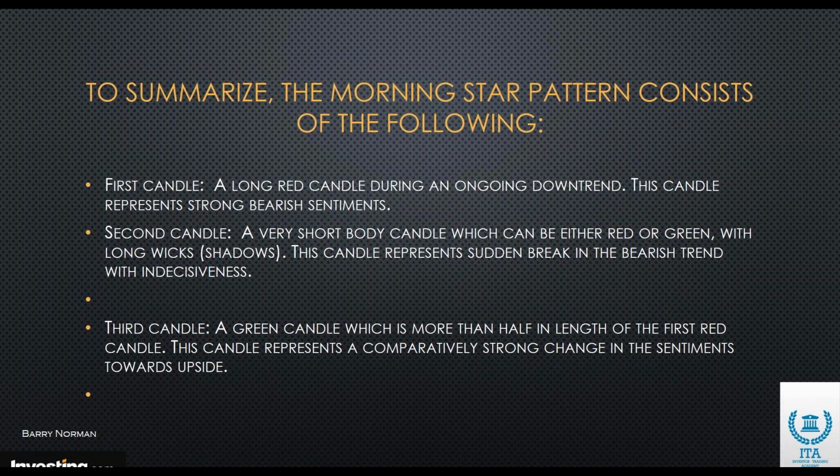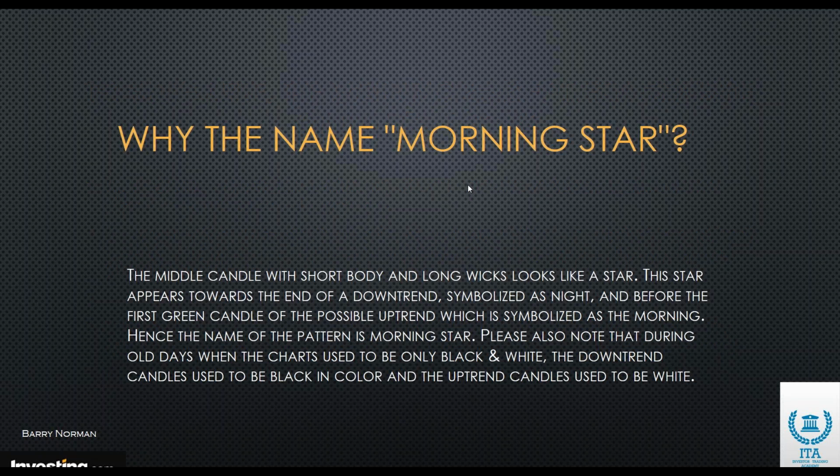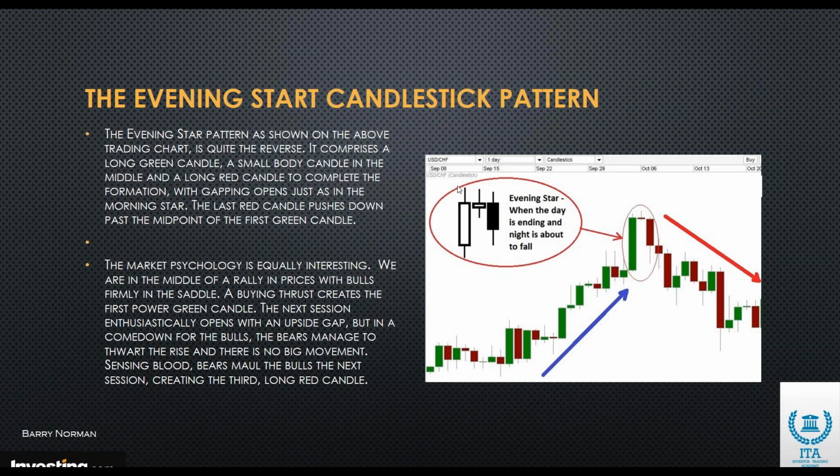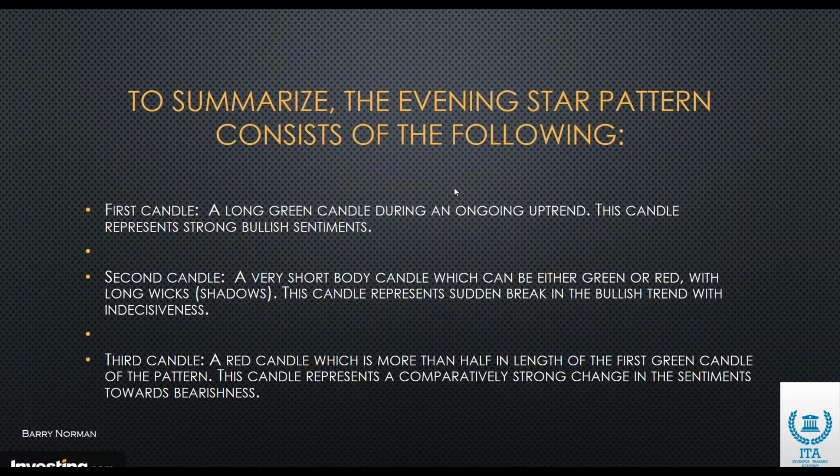This candle represents strong bearish sentiment. The second candle is a very short body candle with either red or green. From here we go to the third candle, which is more than half the length of the first red candle. This represents a comparatively strong change in market sentiment. And we have the exact opposite in the opposite trend, and that's called an evening star, indicating that a downtrend is ending.